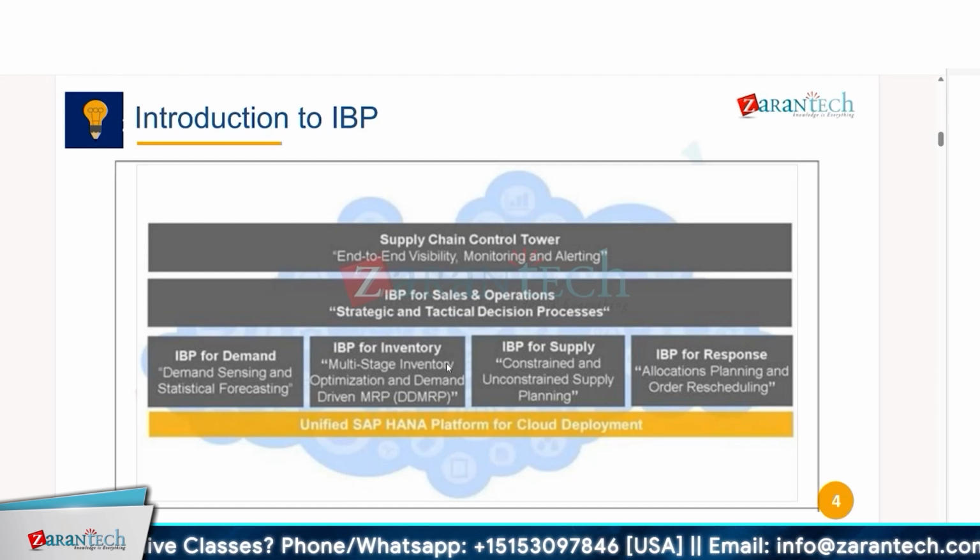But we have to be extremely careful, when we say unconstrained demand or unconstrained supply, it has to be realistic. Otherwise we lose the purpose of this process. For example, if a commercial manager or sales manager puts in unconstrained demand, and a supply chain person confirms that demand, and in actual, in spite of having the supply in place, he's not able to sell, then that is not a realistic unconstrained demand.